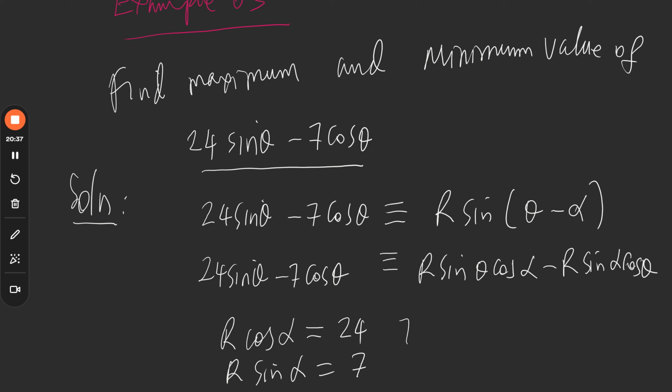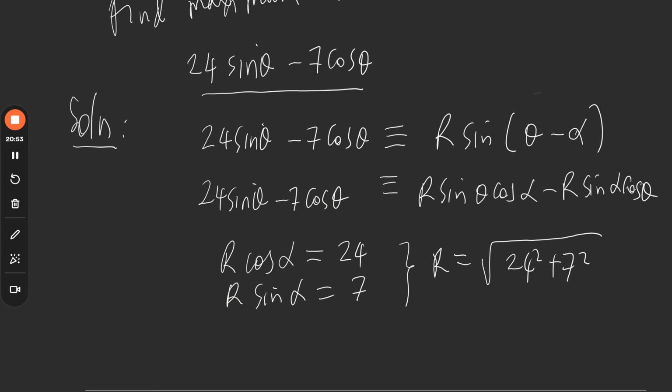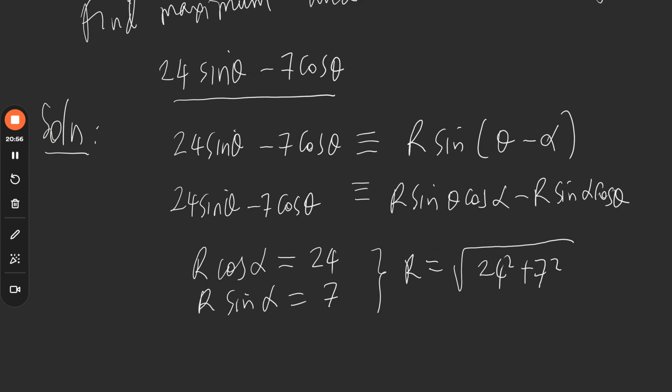And so r will be square root of 24 square plus 7 square. 24 square, you add 7 square, is 625, and this is equal to square root of 625. So you get r equals 25.